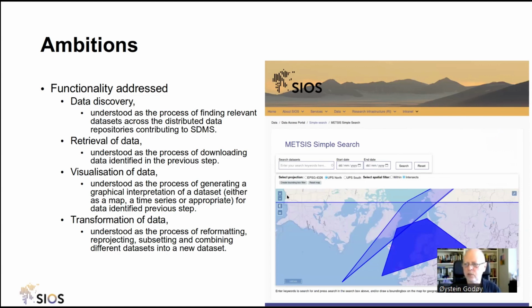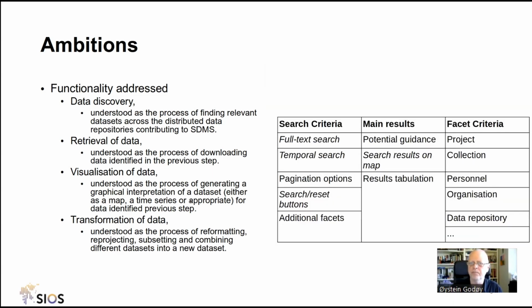In addition to the advanced user interface, you also have a simple search where you can search by keywords. Also, this is a full text search in the terminology used by other providers. You have a date time constraint that you can add, and you can also add a bounding box in the map here, and then you use that efficiently to filter out information that is relevant for you.